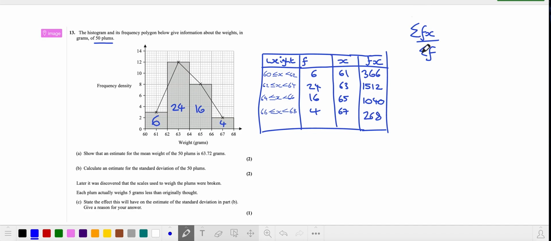So our sum of fx is the total of all those numbers in that column there. Add them all up, 268 plus 1,040 plus 1,512 plus 366 comes to 3,186. We know that our total frequency, or sum f, is 50.